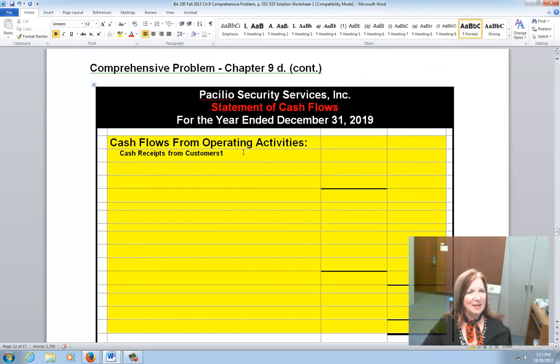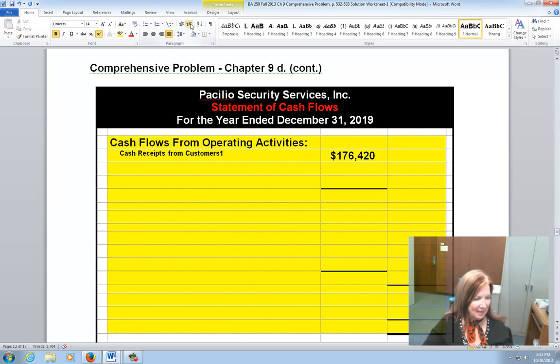So I'm going to take this up here and put in a dollar sign, and I'm going to put in 176,420, and that will go in my receipts from customers. My next amount that I'm going to put, I'm going to indent, and I have to put cash payments for expenses.